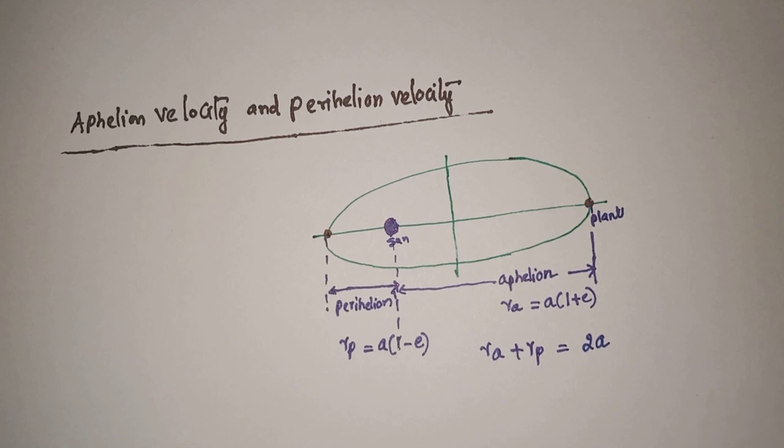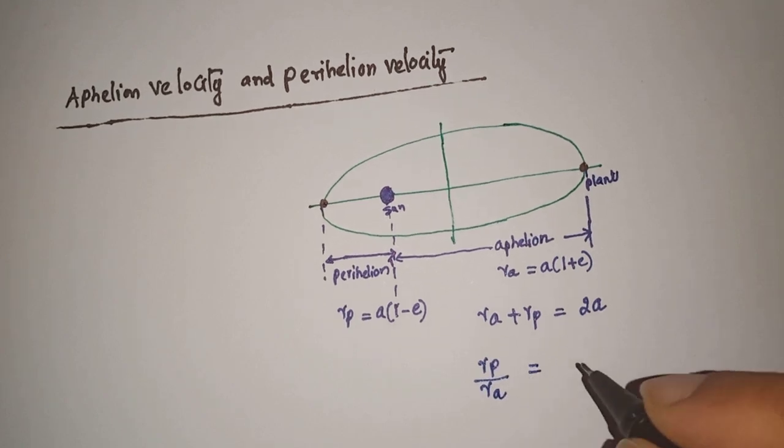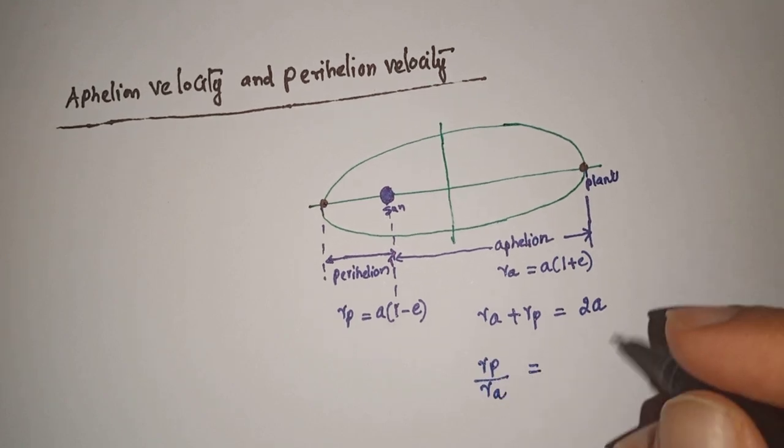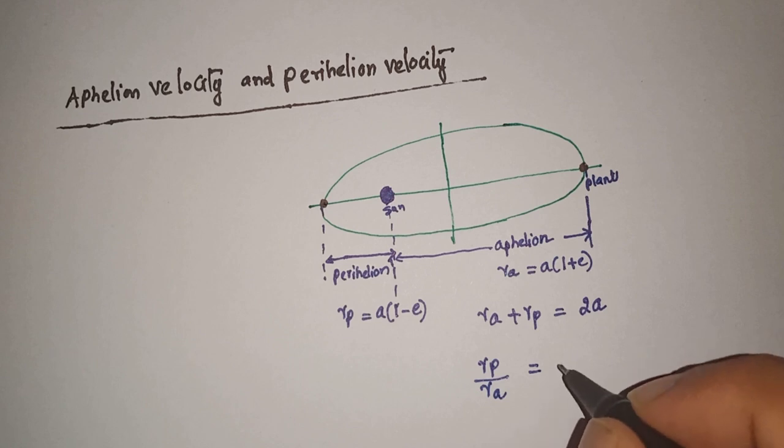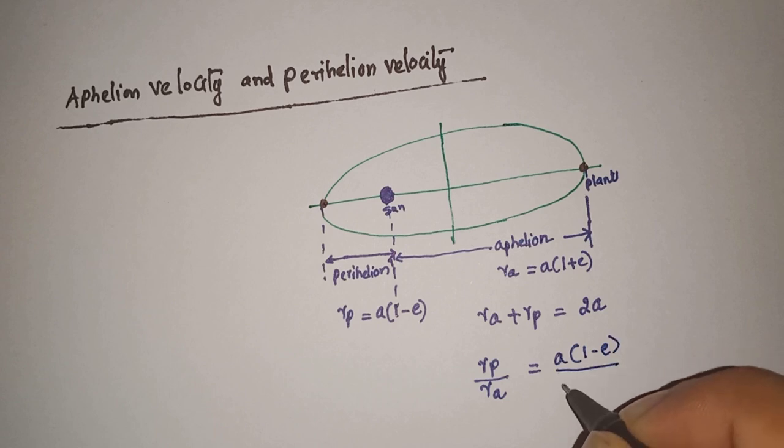So accordingly you can derive certain expressions, and if you compare your radius of the aphelion and the radius of the perihelion, or it can be vice versa. That is what I have written here. So if you see rp by ra, you can derive the expression like this to have a comparative study. You can go with a into 1 minus e divided by a into 1 plus e.